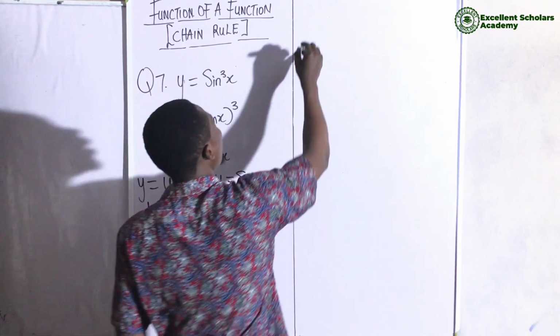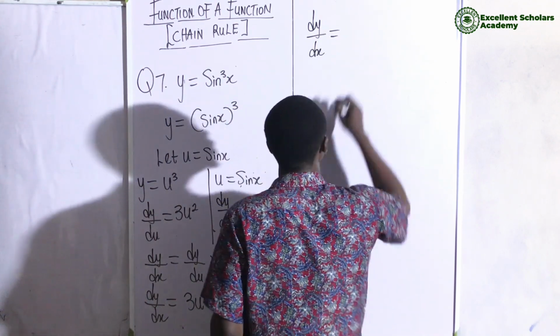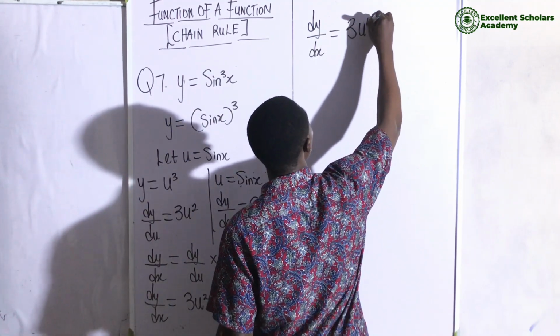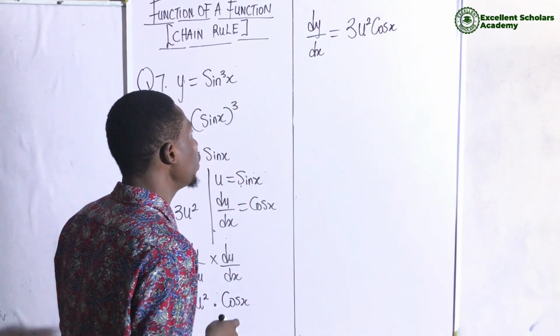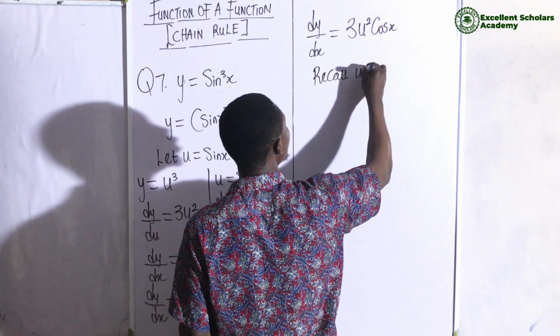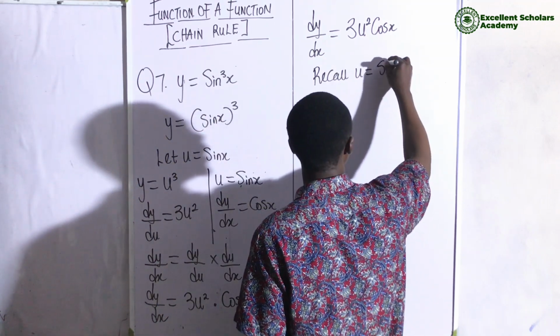So this becomes that our dy/dx will be equal to 3u squared cos x. Okay, so now recall that your u is equal to sine x.